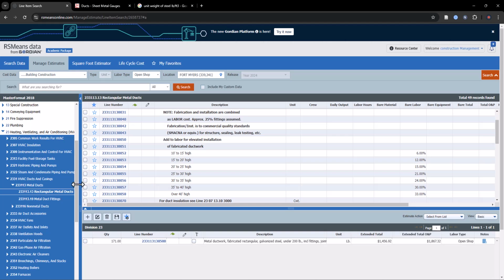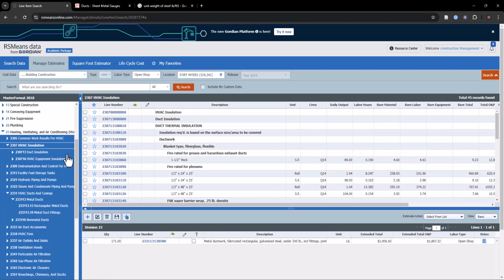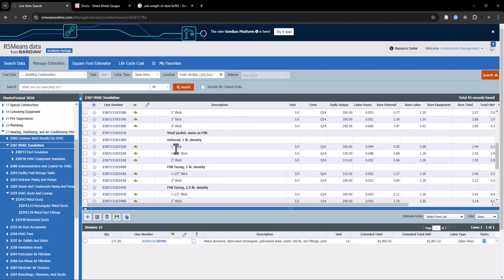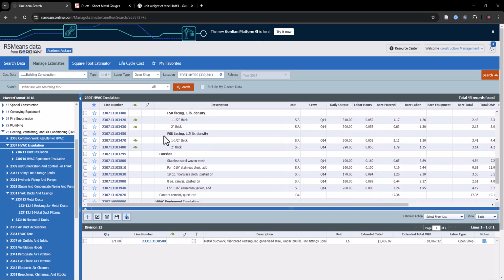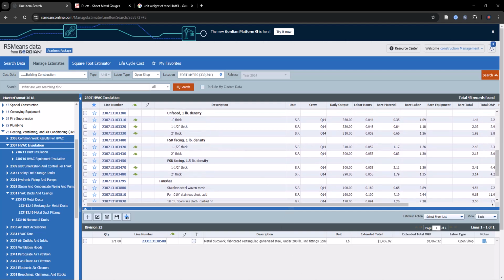Next one is the insulation. For the insulation, you can go here, insulation, duct insulation, and then select the appropriate insulation based on reading the spec.